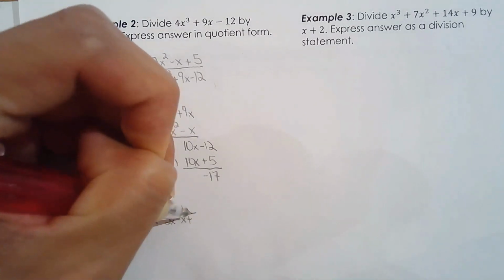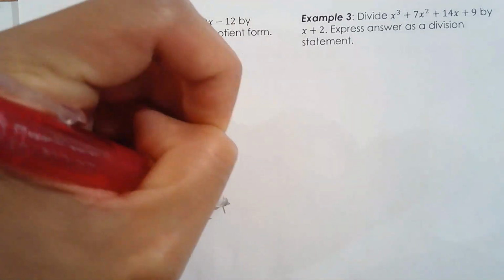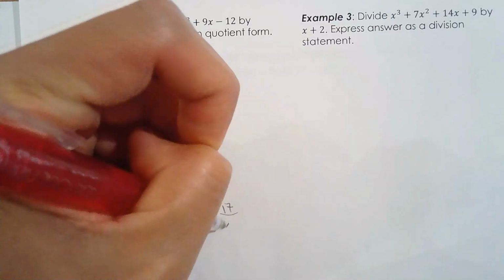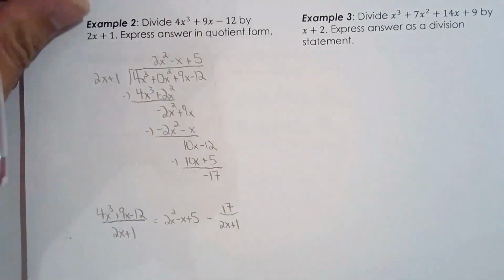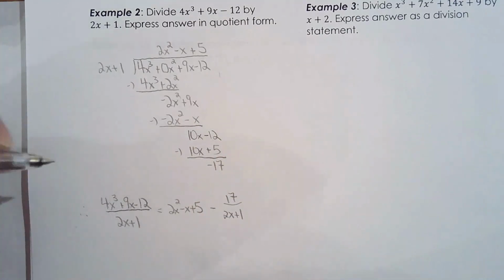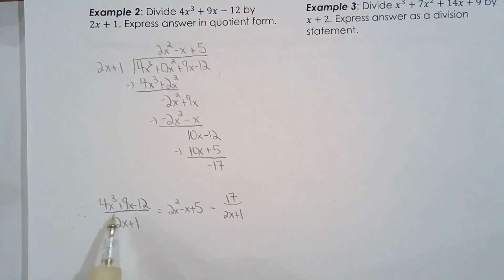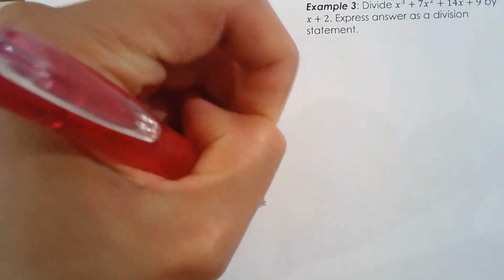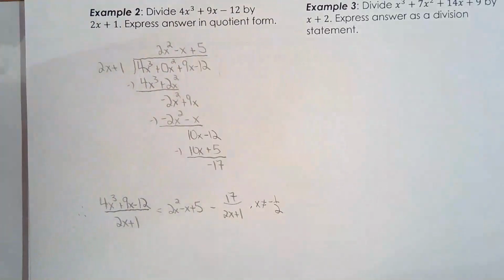minus x plus 5 minus 17 over, what's our divisor? 2x plus 1. Okay, and when we write it in quotient form, we add a restriction, because if you look at the statement, we can't let 2x plus 1 equal 0, correct? Because it's in the denominator, so we say x cannot be equal to negative 1/2.